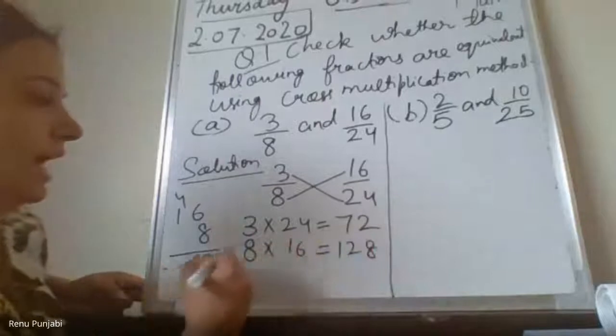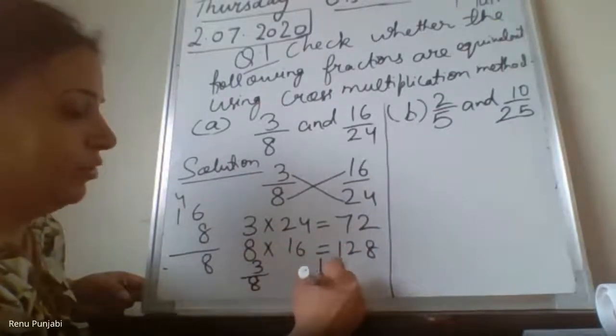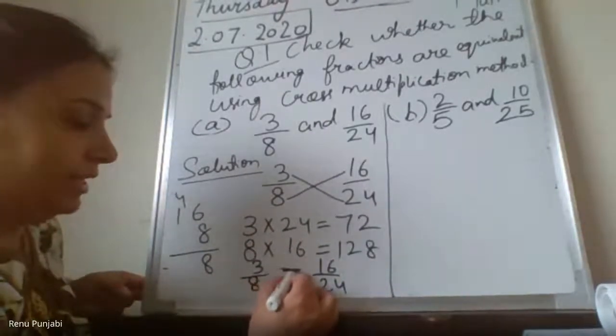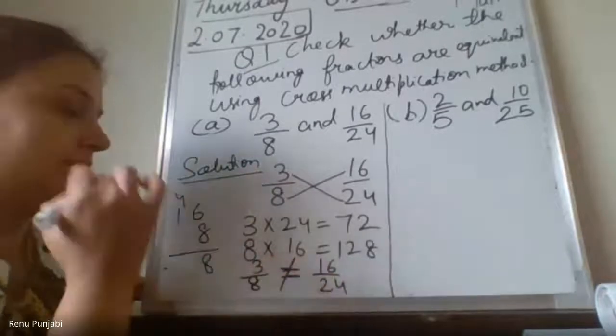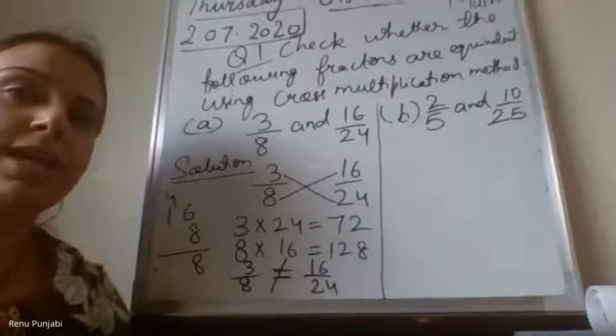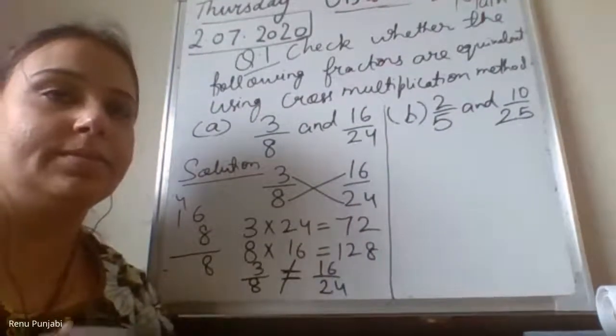So we can say that 3 upon 8 and 16 upon 24 are not equal. We have done this in grade 4 also. We were putting the equal to sign and crossing it. If you agree, children, show your thumbs up.